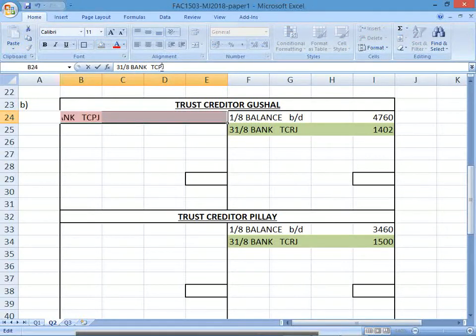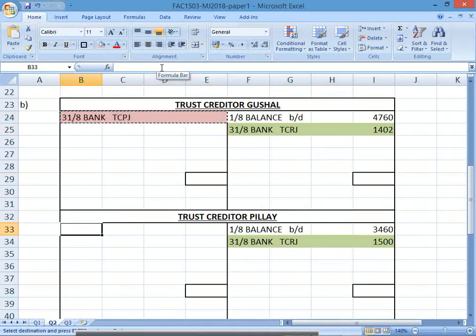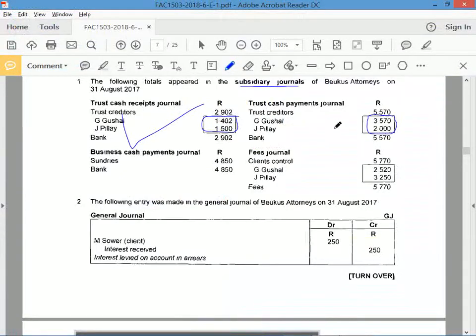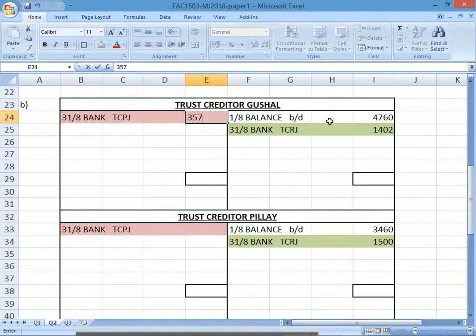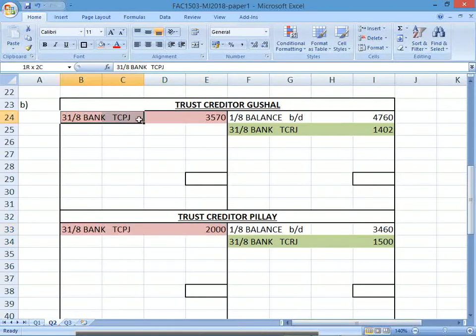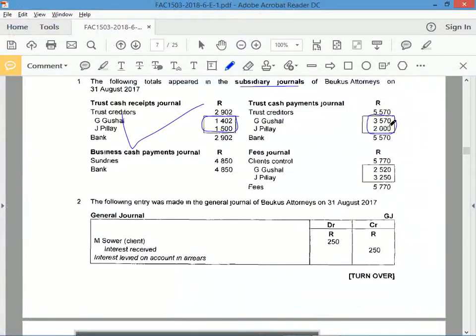Trust cash payments journal. Right, how much does G pay? 3570. How much does P pay? 2000. Okay, those payments decrease the trust creditors accounts. Okay, so now I've looked at that, tick that.